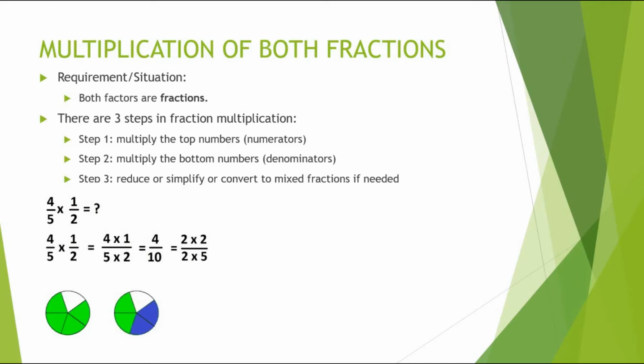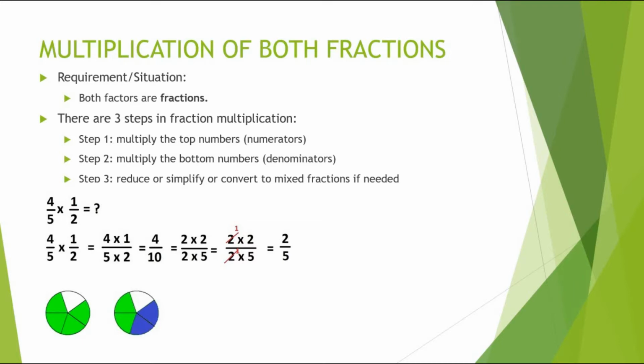And the 10 is 2 times 5. So pwede natin i-cancel out yung 2, which is 2 ay magiging 1 at yung denominator na 2 ay magiging 1 din. So it's actually now 1 times 2 and 1 times 5, which is 2 over 5. So the answer is 2 over 5.